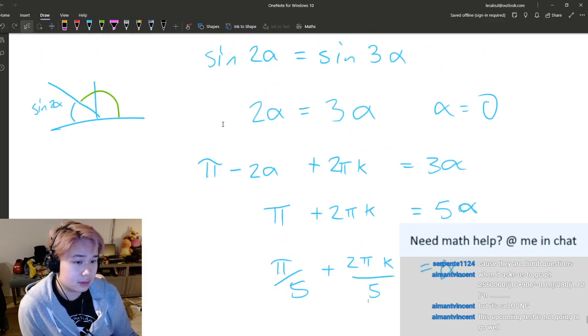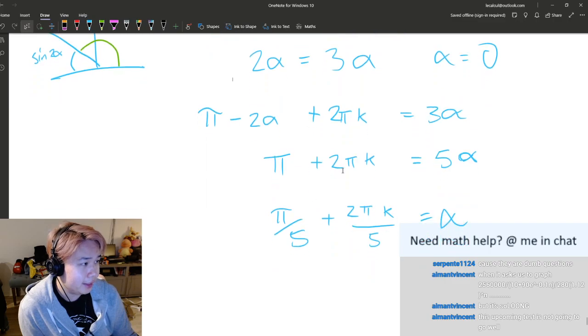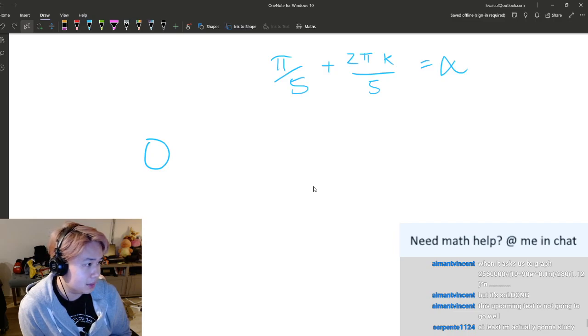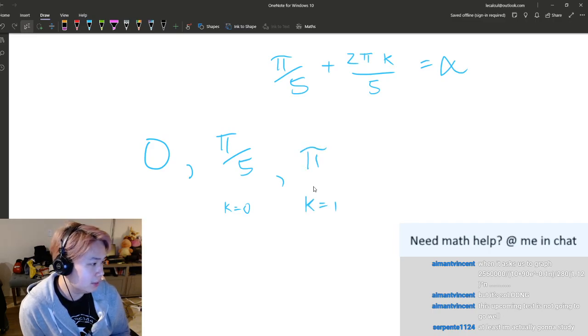Anyways, so again, there are infinite solutions, so you add 2 pi k, and I'm just including this in the algebra. So we have 0 as our first one. We have pi over 5, when k is equal to 0. Then we have pi, when k is equal to 1. When k is equal to 2, you have 6 pi over 5.